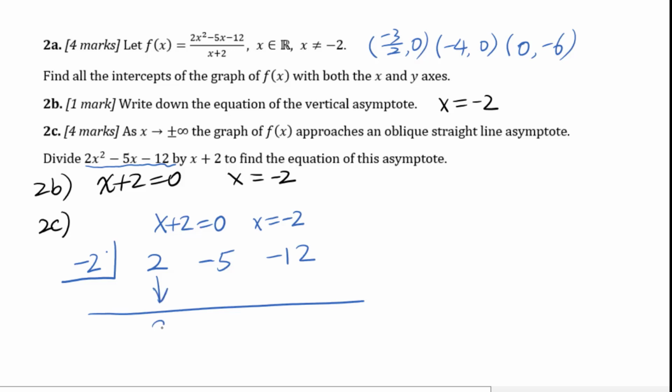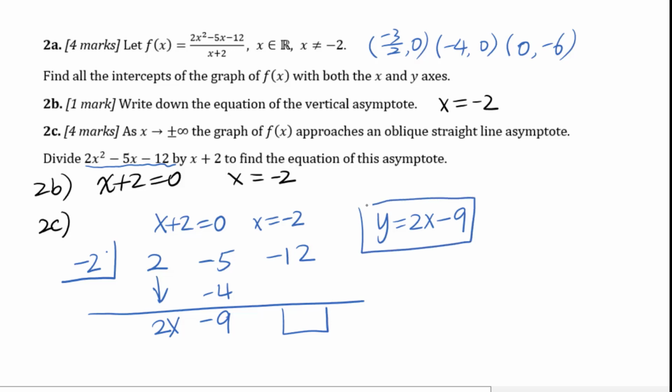Drop down 2, multiply to get negative 4, adding gives negative 9. The oblique asymptote line is the quotient, so we don't have to work on the remainder. So y equals 2x minus 9 is the oblique asymptote line.